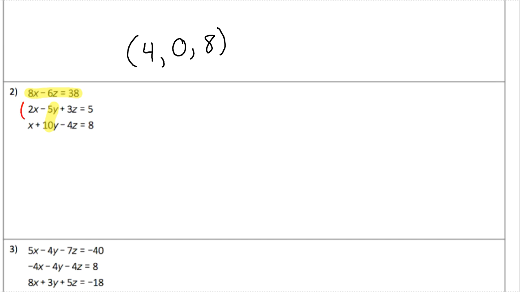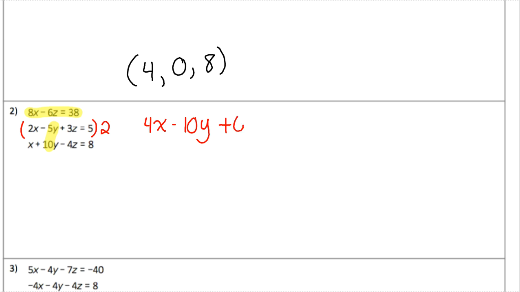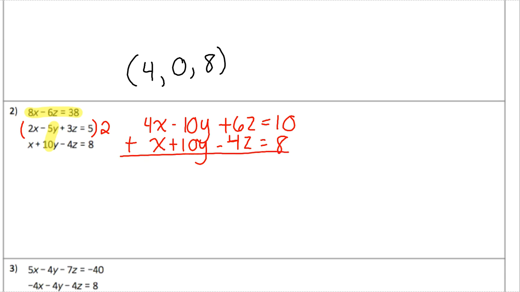To eliminate that y value in these 2 equations, I'm going to multiply that one by 2. That is going to give me 4x plus 6z equals 10. And then we have that second one that's already got the 10y. And now I'm ready to eliminate those y's. To eliminate -10y and +10y, I'm going to add those together.